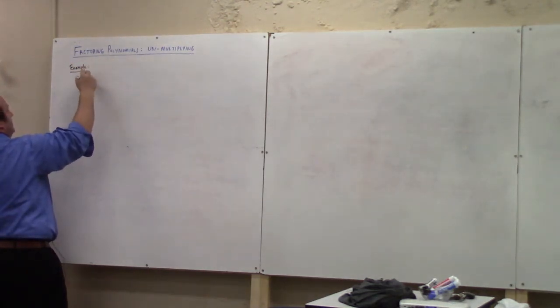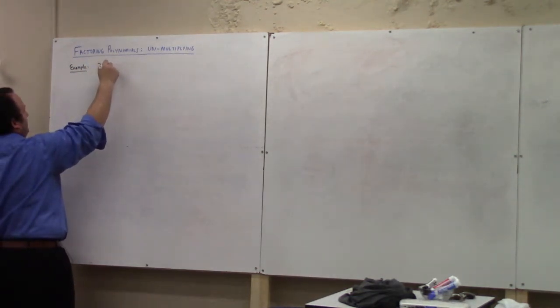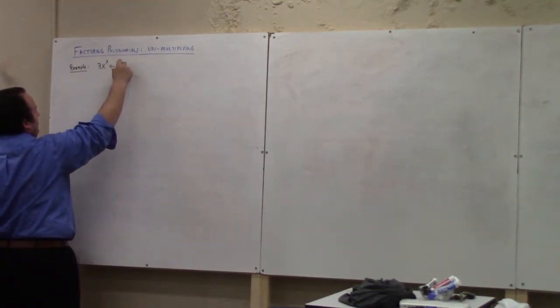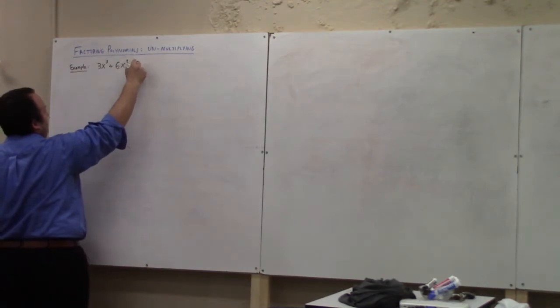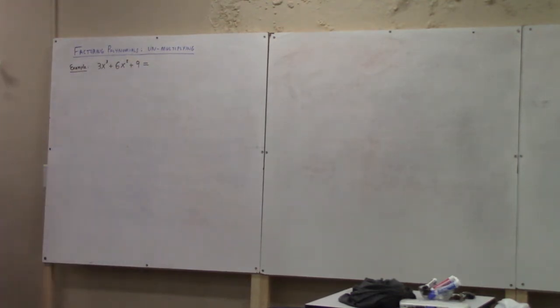Suppose we had 3x cubed plus 6x squared plus 9. All right. So the first kind of factoring we should think about is, can we factor a number out of a polynomial, right?